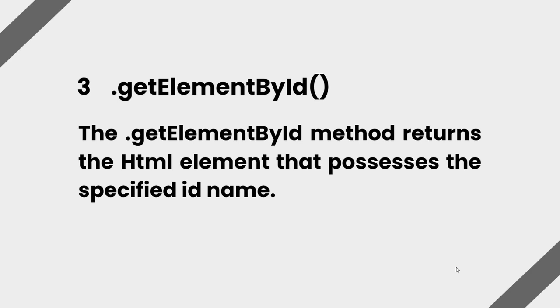So this means that this method would return the contents of any HTML element that has the ID name that was specified. So we already know how to make use of this particular method, but for the sake of today's class, we'll be going over it again.